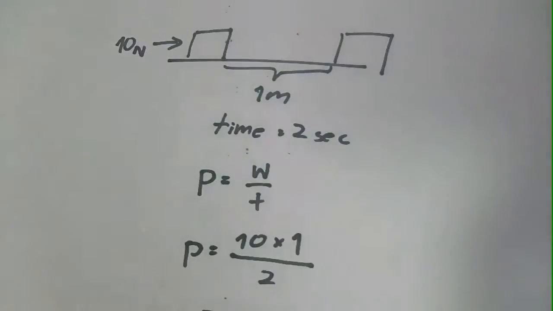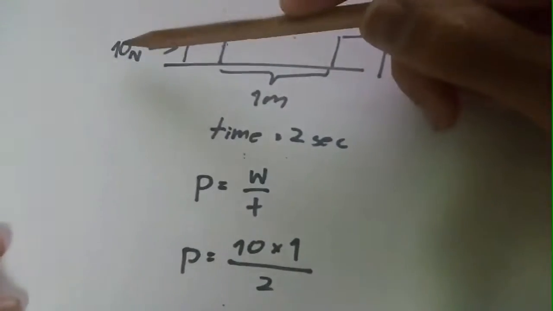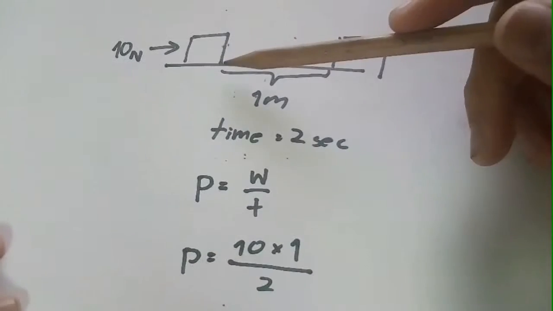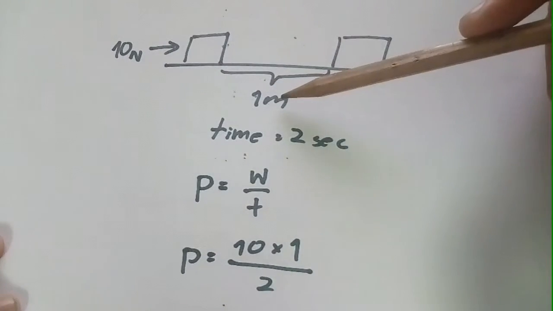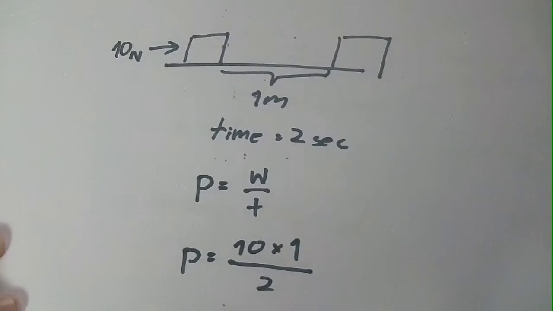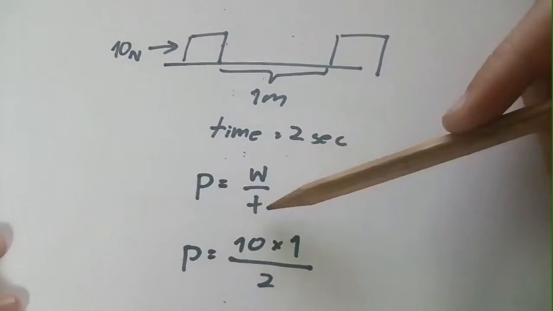For example, if I apply force 10 Newton to an object and the object moves 1 meter in 2 seconds, how much power happens here? Power is equal to work over time.